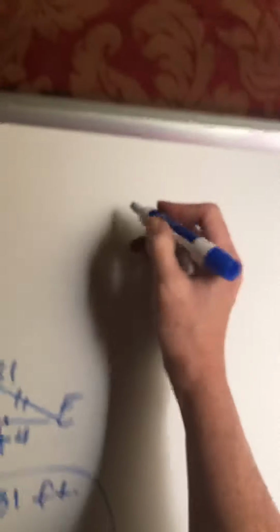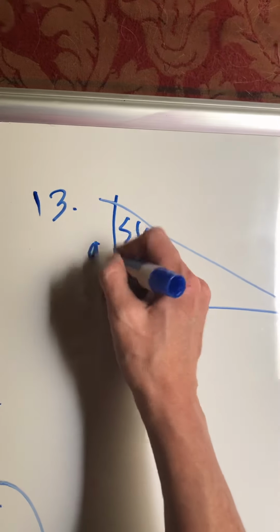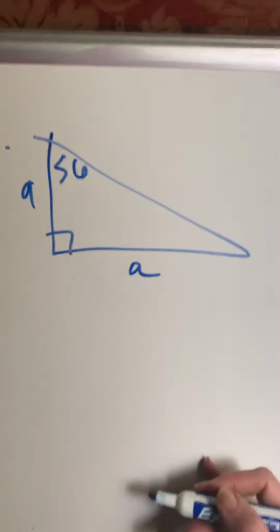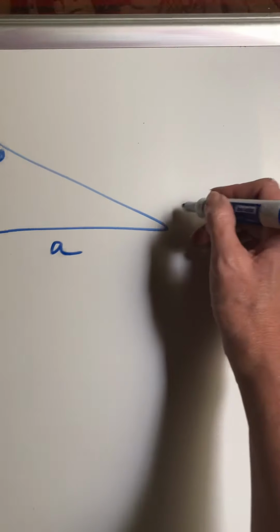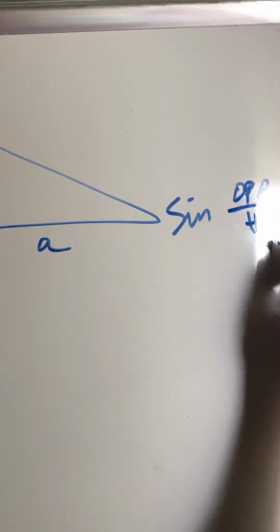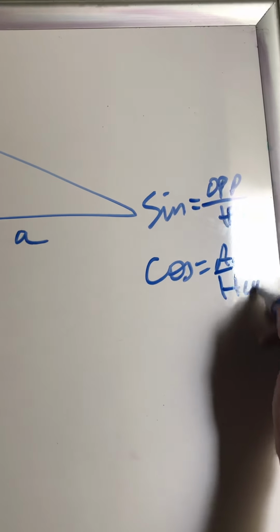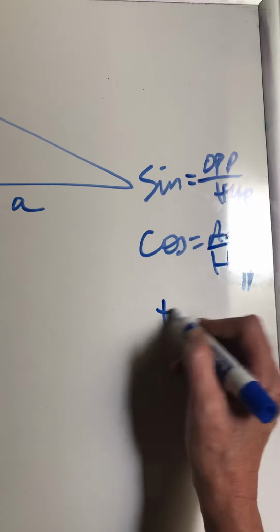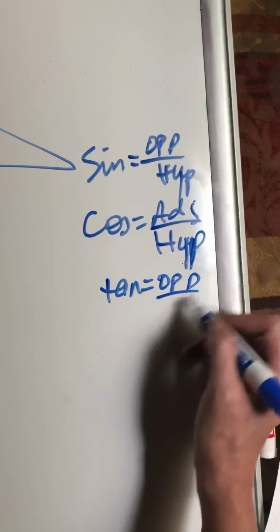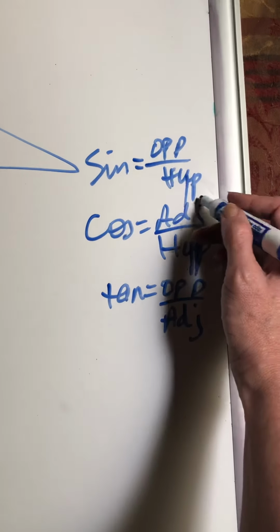Then number 13, we've got 56, this is 9, this is A, and we want to find A. So this is either sine, cosine, or tangent. Remember, sine is opposite over hypotenuse, cosine is adjacent over hypotenuse, and tangent is opposite over adjacent.